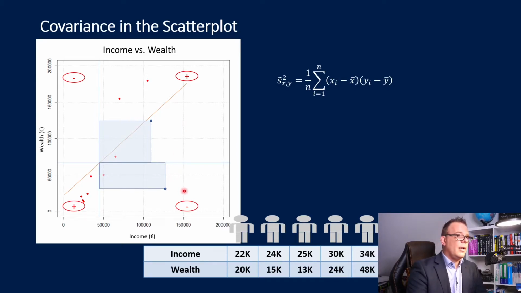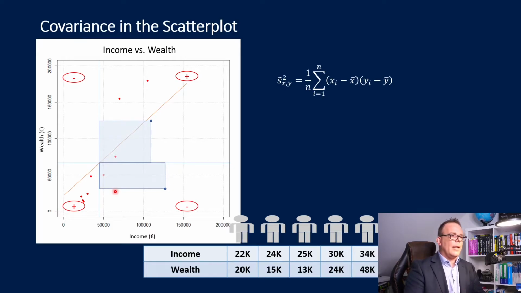One down there. Here, of course, this distance is a positive one. We take the x value, which is larger, minus the arithmetic mean, which is smaller, but this distance is negative because the arithmetic mean is larger than the epsilon value. Accordingly, we multiply a positive bracket with a negative bracket. And this area here, this box, has a negative area.